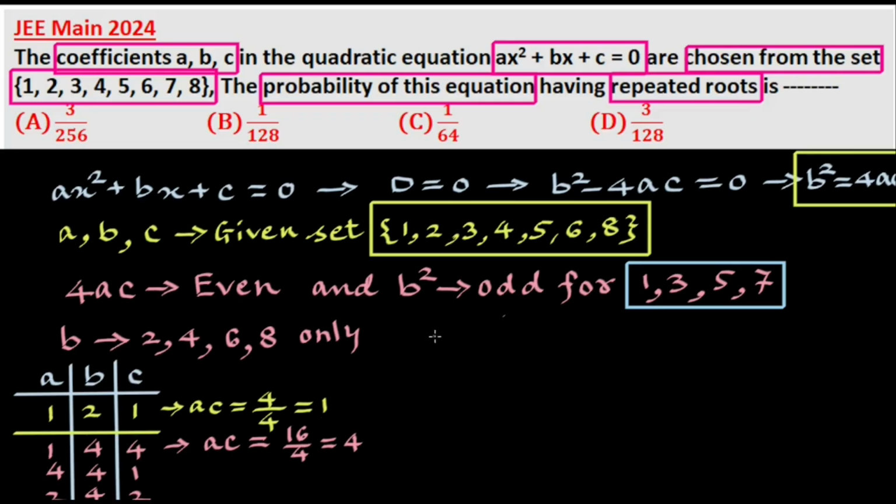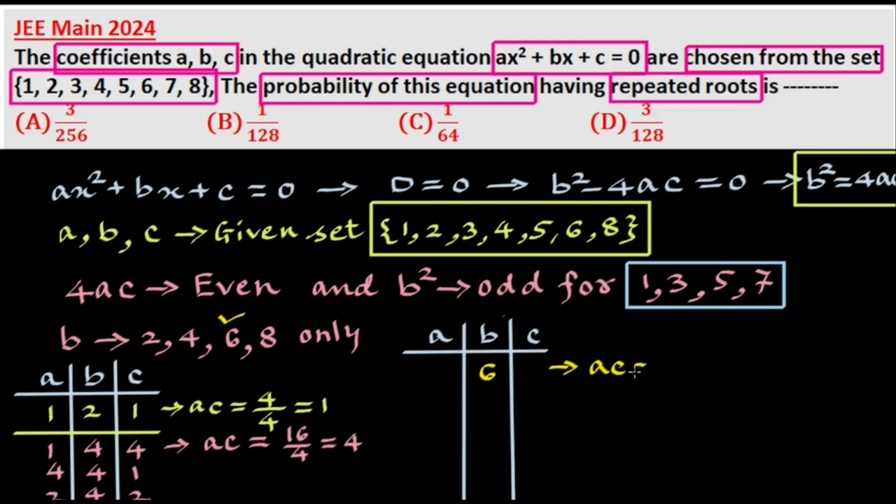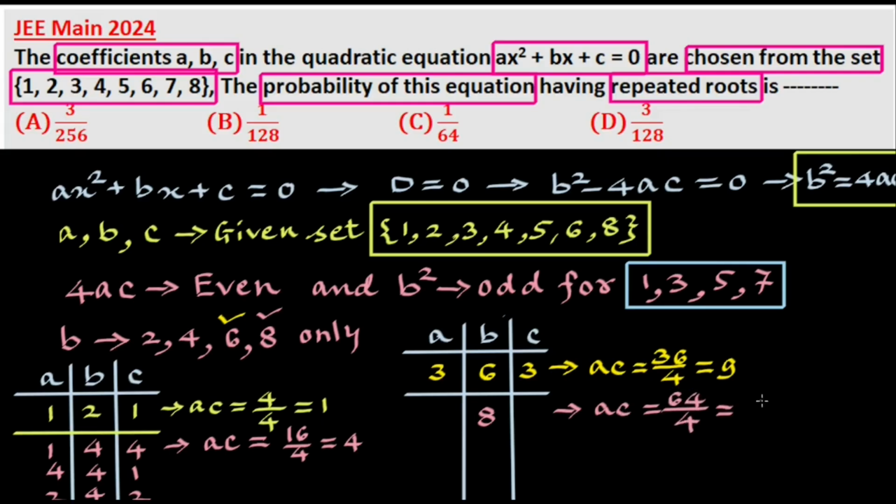Continuing with this chart, next we will take b equals 6, that implies ac equals 6 square 36 upon 4, 9. To get 9, we will take a equals 3 and c equals 3. This is the only combination possible. And finally, we will take b equals 8, which implies ac will be 8 square 64 upon 4, 16.